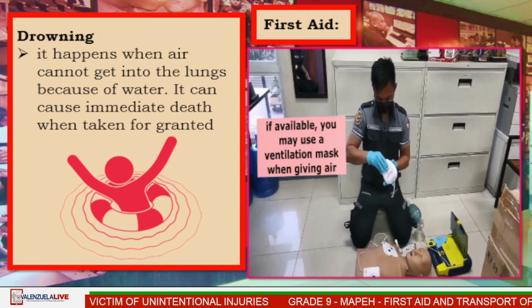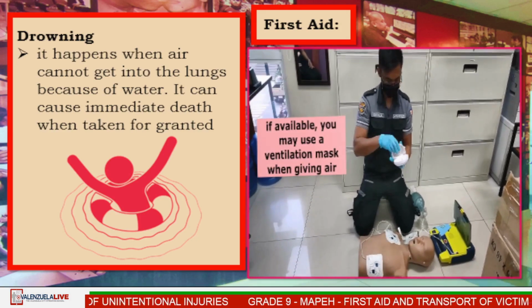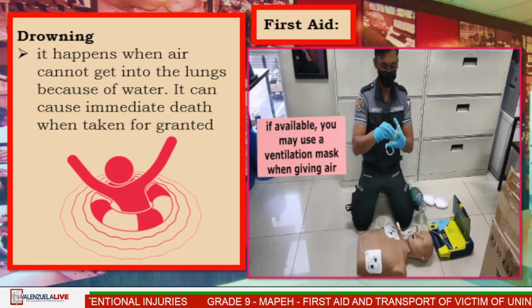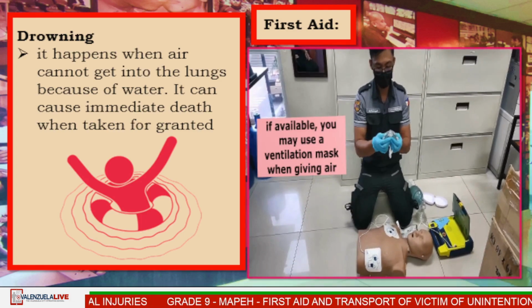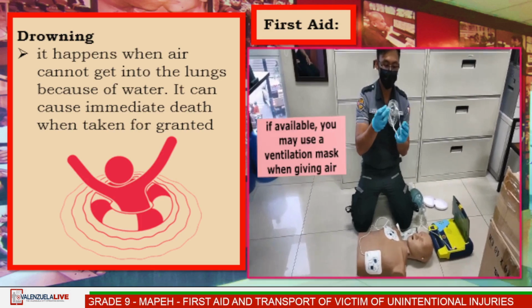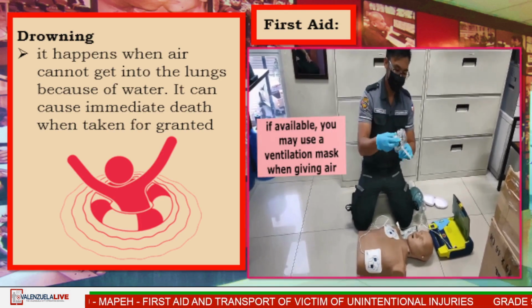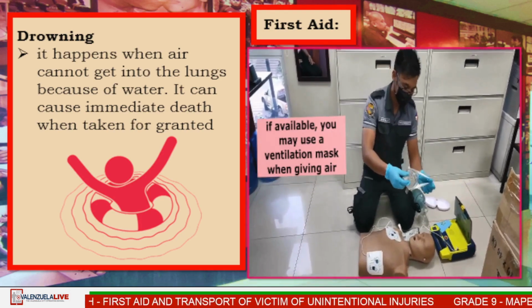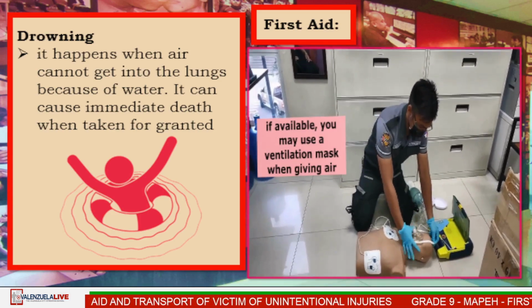You may also use a ventilation mask in giving air. It is a one-way bulb mask used for CPR to give air, and at the same time it helps to avoid virus transmission from the rescuer to the victim and vice versa.